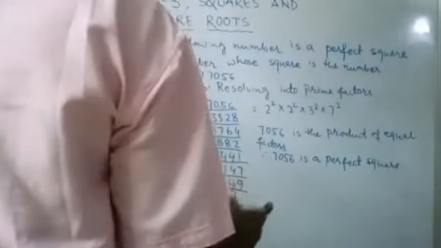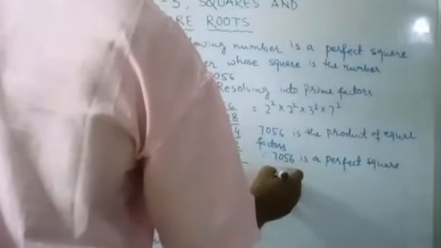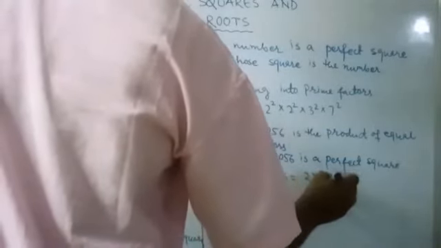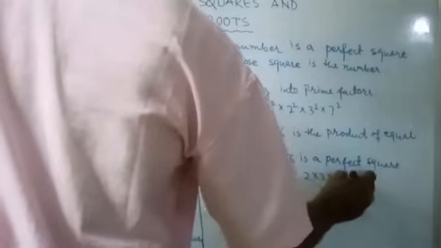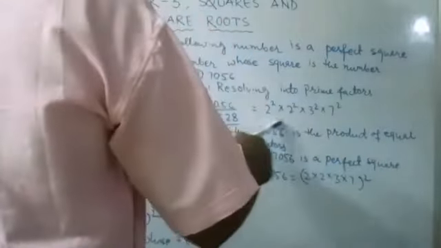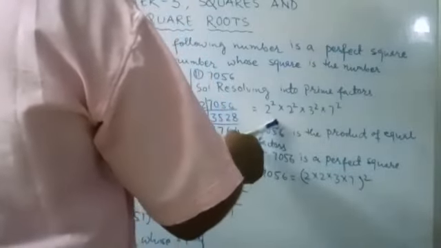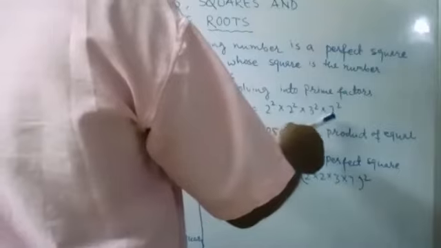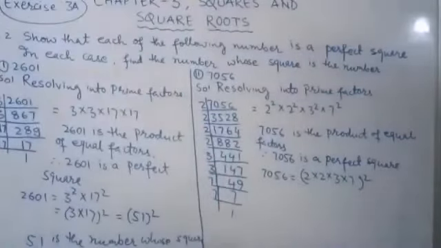So again we have to write down the factors of 7056. 7056 is equal to 2 into 2 into 3 into 7's whole square, because we have already written it as square of 2, square of 2, multiplied by square of 3 multiplied by 7 square, so we need not repeat it again.